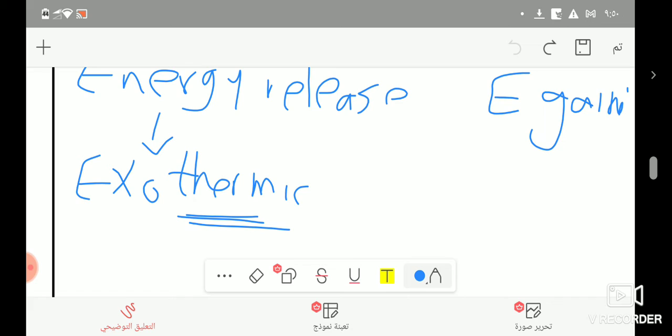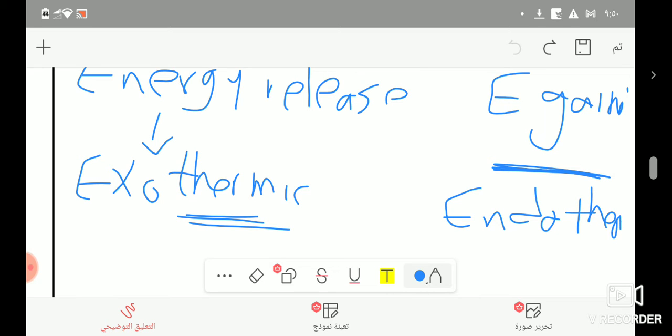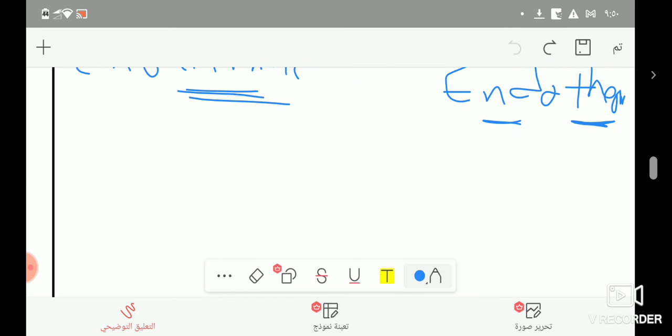Exo means outside, so energy will move outside. The process at which energy is gained is called endothermic. As we said, thermic means temperature, and endo means inside. So during this chemical reaction, we have a process called exothermic and a process called endothermic.